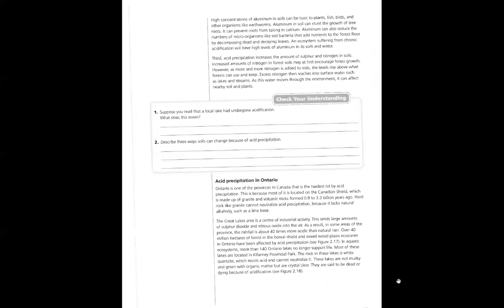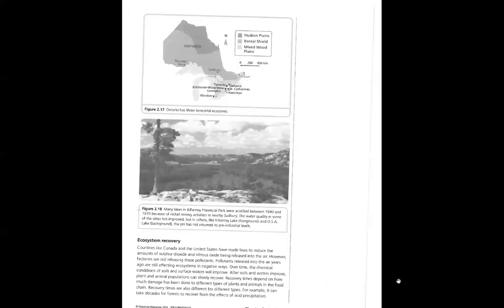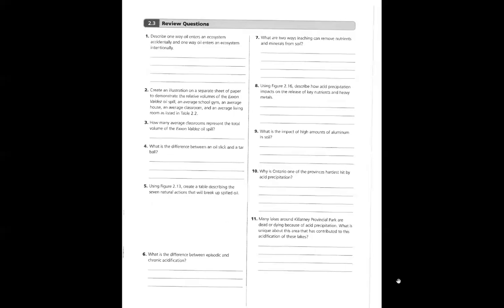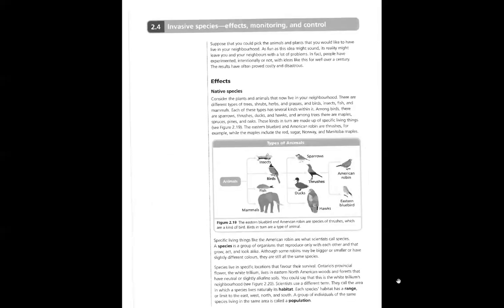Acid precipitation in Ontario, we kind of talked about that. Why, how we can recover ecosystems after they've been affected by acid rain. Cleaning up oil spills and cleaning up acid rain. So that was the beginning of Unit 2, Lesson 2.3 or Lesson 6.